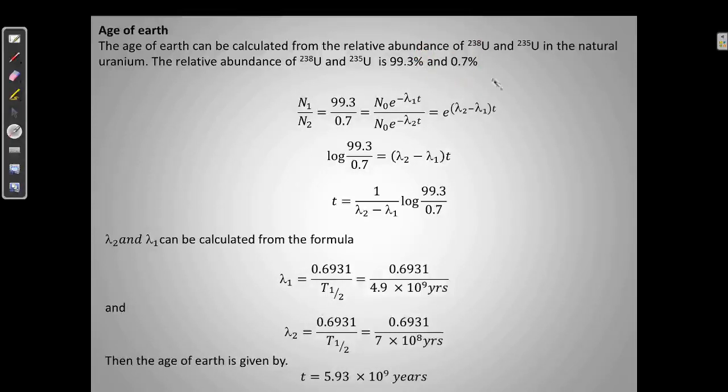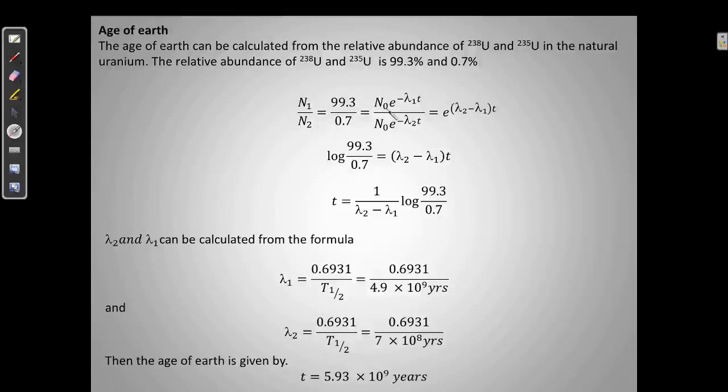Only 0.7% of uranium-235 is there in naturally occurring uranium. So what is N1 by N2? N1 is the number of U-238 and N2 is that for uranium-235. So N1 by N2 is equal to 99.3 by 0.7.